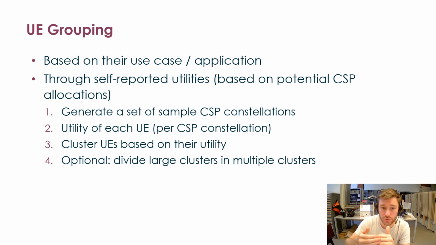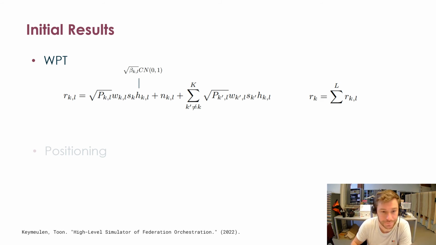And we compute the utility of each UE per set of CSP constellations. Then this utility function per CSP constellation is used to group the users which have a good utility to a certain CSP constellation.